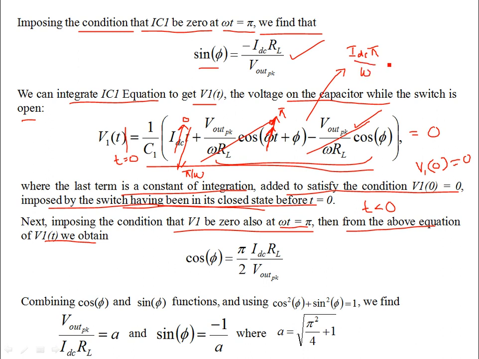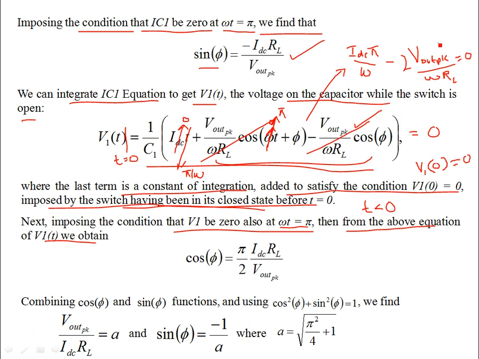Then minus, because there is a minus over here and cosine of pi plus phi is minus cosine phi, we have minus twice V out peak over RL, omega times RL. And what is V1? Since V1 is 0, let's substitute the right hand side equal to 0.